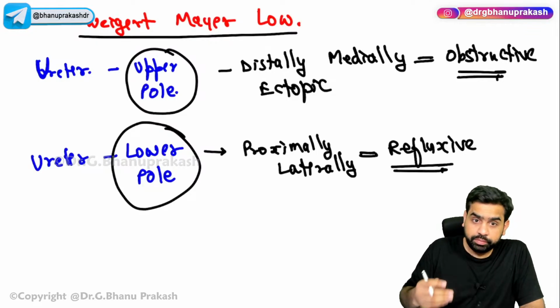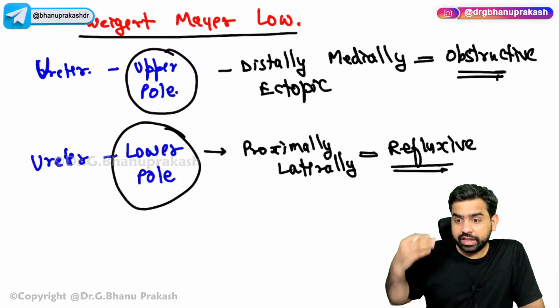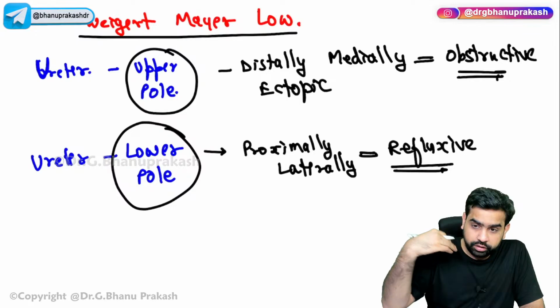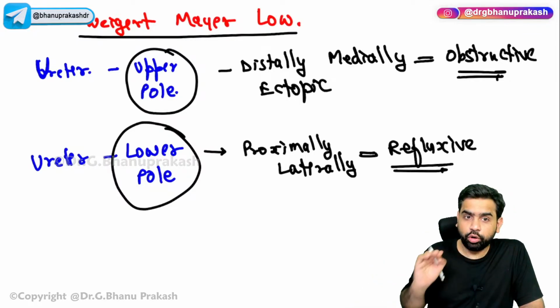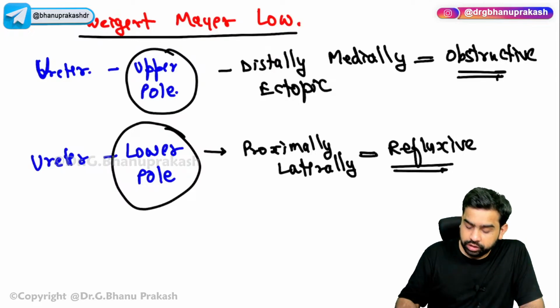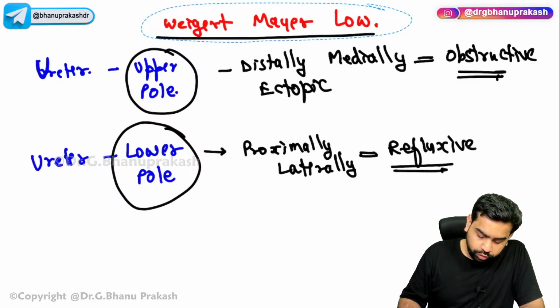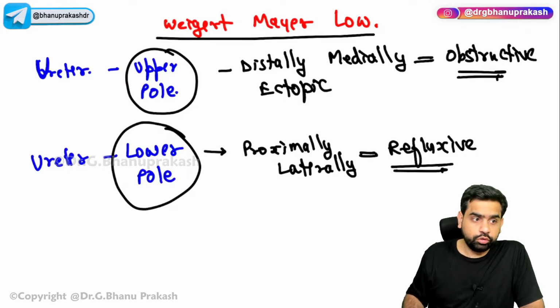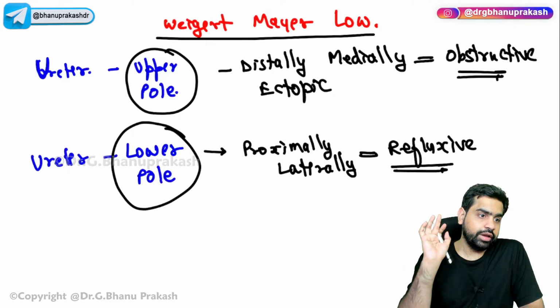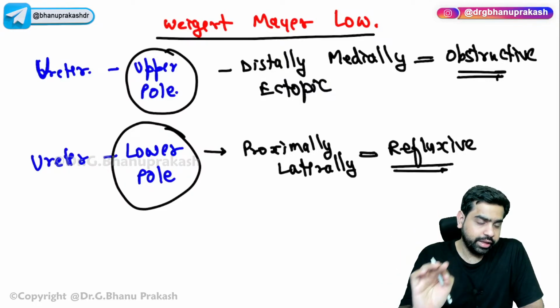So this particular ureter is going to be the refluxive one, and the ureter draining the upper pole, opening distally and medially, is going to be obstructive. Please try to understand this. This is your Weigert-Meyer law, Weigert-Meyer rule, whatever you want to call it. It is again a very, very important rule in patients with a duplication of the ureter.